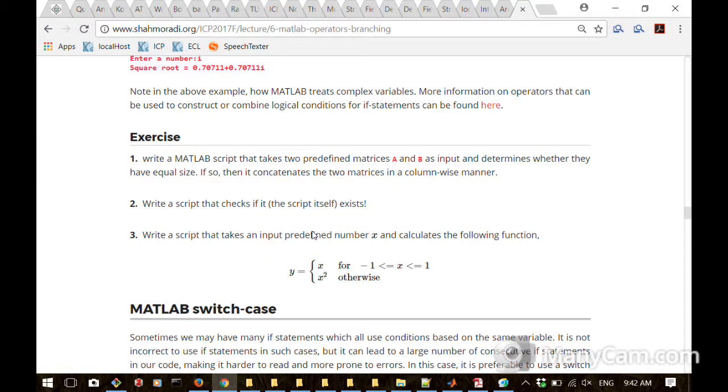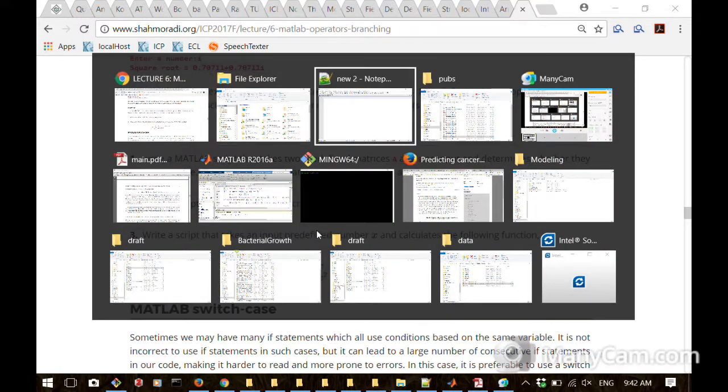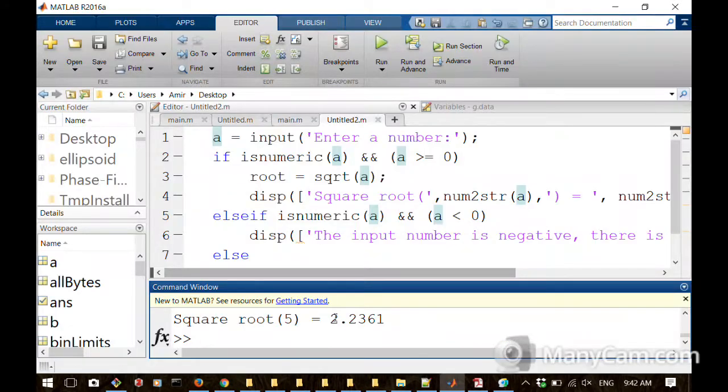Let me see if the question is informative enough. It says two predefined matrices. So let's define them here for ourselves. Let's define A to be 1, 2, 3, 4, 5, 6.